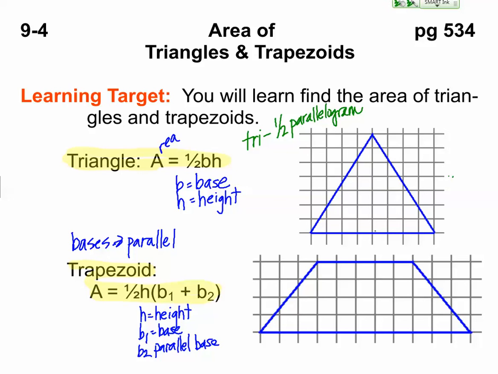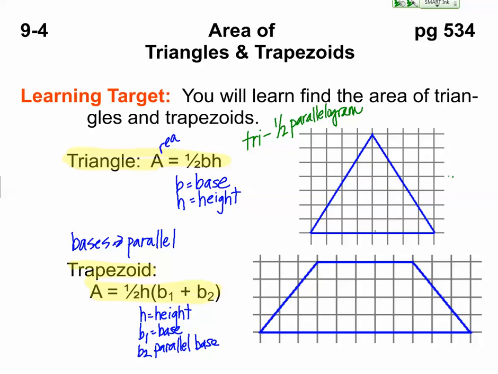For the trapezoid, it gets a little bit more interesting. When I'm looking at a trapezoid, we have a couple things going on here. We have half of the height multiplied by base 1 and base 2.